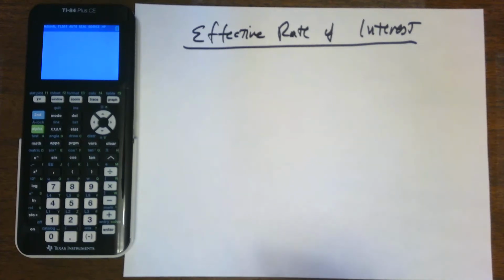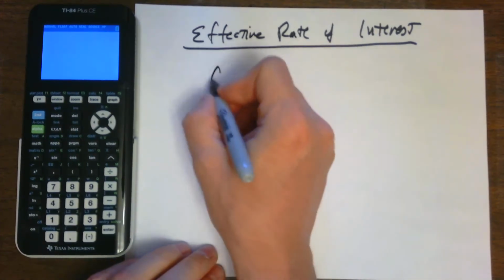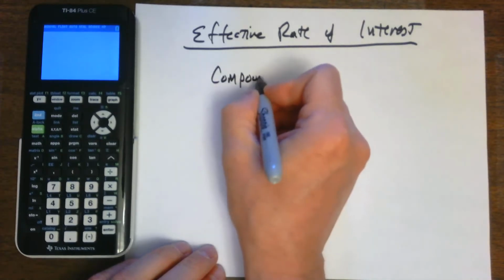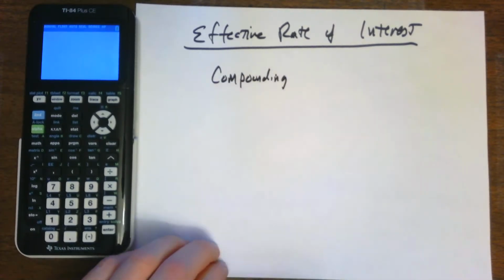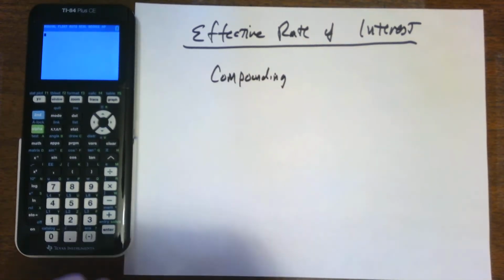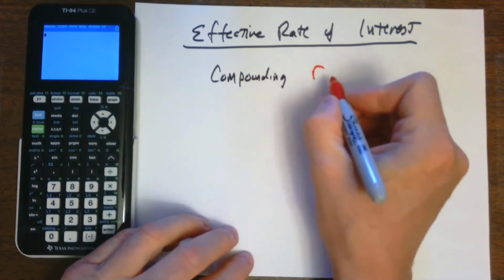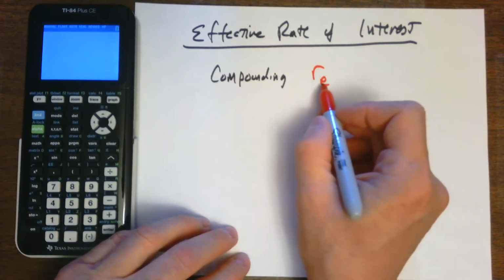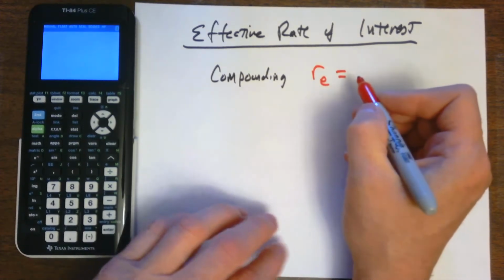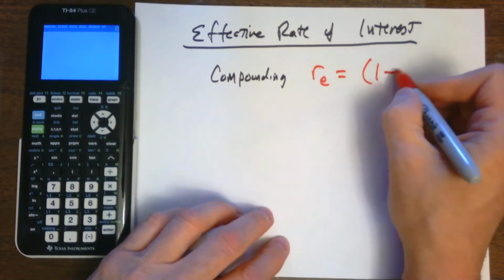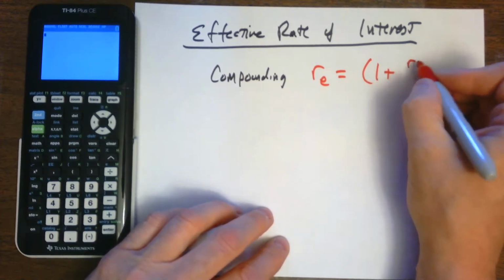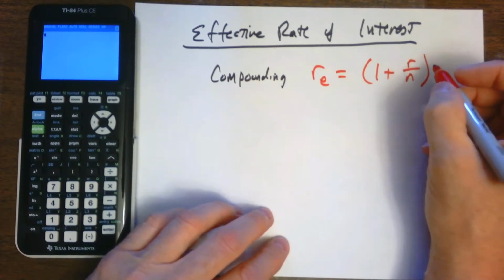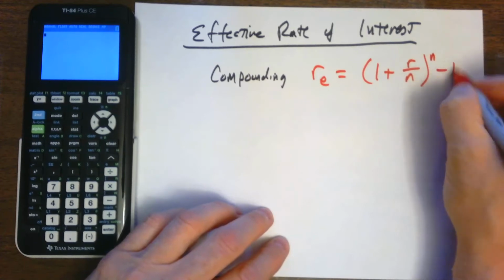We have two little formulas for this. For the compounding, we have that the effective rate, R sub E, R is for the rate, sub E means the effective rate, is given by 1 plus the rate over the number of compoundings, to the power of the number of compoundings, minus 1.